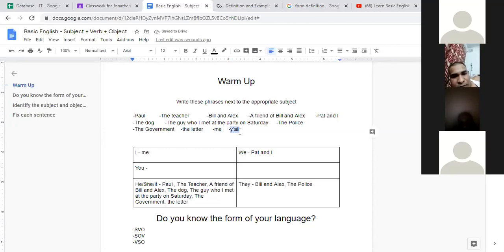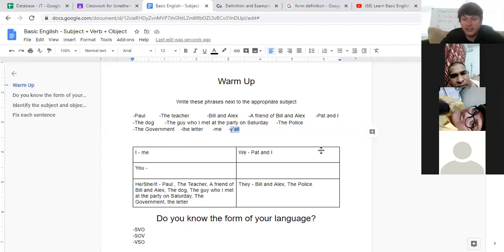Okay, now this one, y'all. Y'all, this is how people in the South of the United States talk. It's not common in the North or New York City or California, but it's very common in the South to say y'all. David, where do you think I should put y'all? You. It's a contraction. It is a contraction.